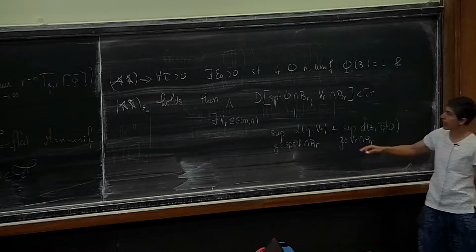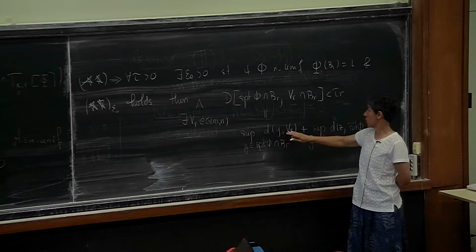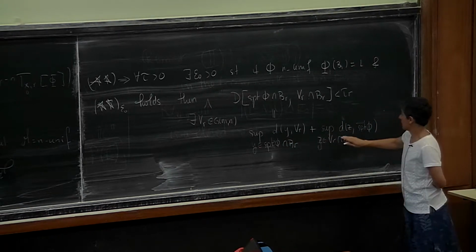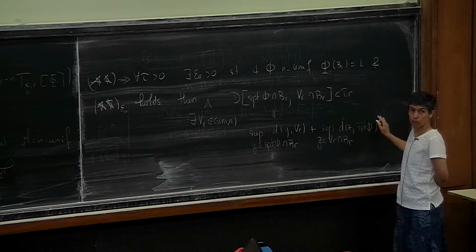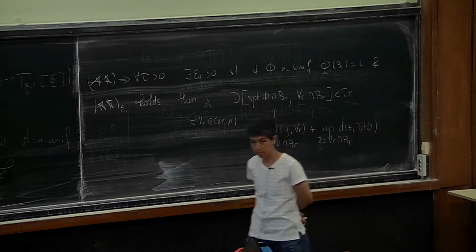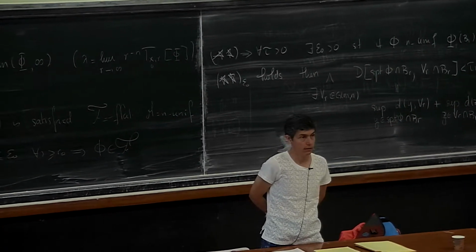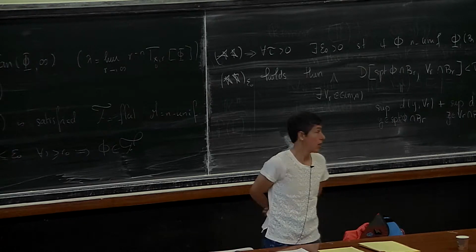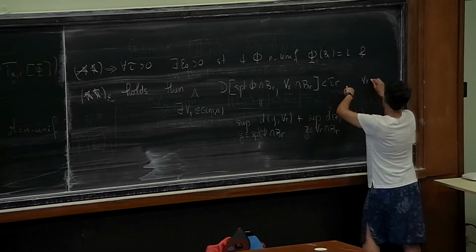So remember, we had proved that double star epsilon 0 told us that this was small, and then we had proven that there were no holes. Yes, always for every r bigger than r0.